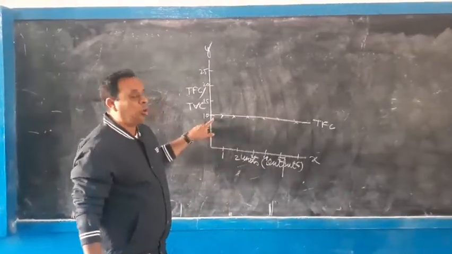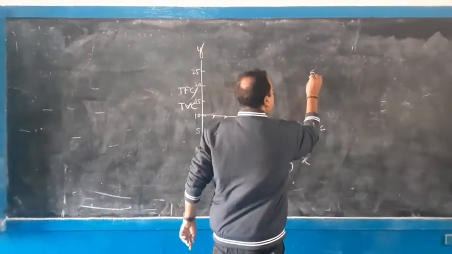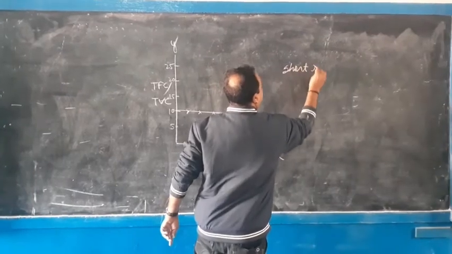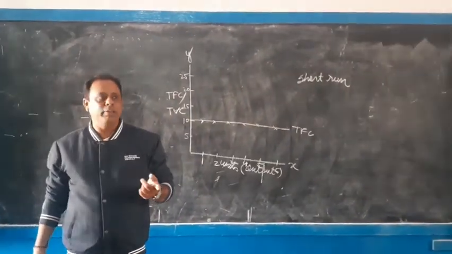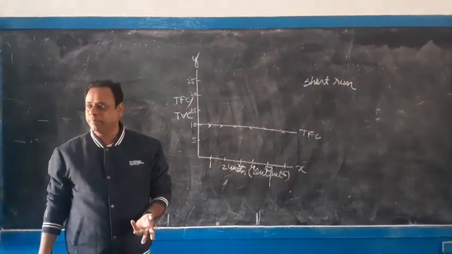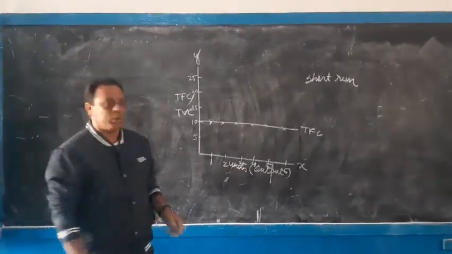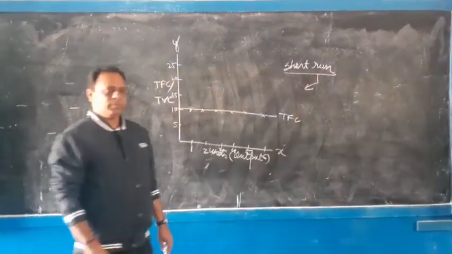So total fixed cost can never be zero, but in the short run. The reason is that only in the short run, total fixed cost and total variable cost are included. There is no question of fixed cost in the long run. Long run में fixed cost नहीं होता. So this we are making for the short run.